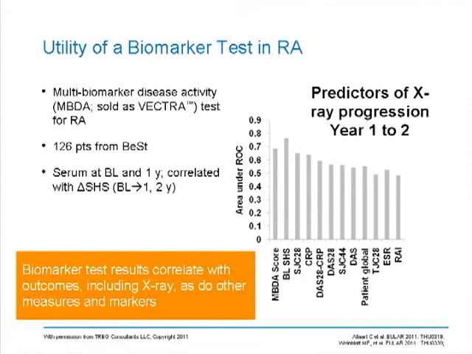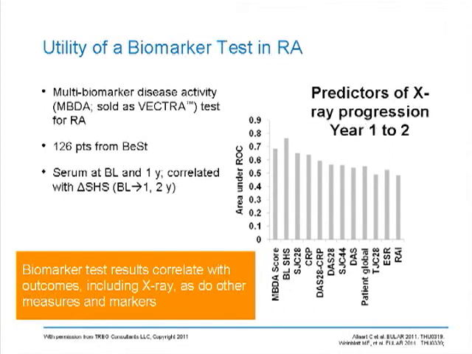And what they showed was that patients who had a decrease in their Vectra, the baseline Sharp score, swollen joint count, and CRP all had less progression than other groups of patients, including patients who had a decrease in the DAS-CRP, the DAS-28, swollen joint count 44, the DAS itself, patient global, tender joint count, ESR, and the RAI.